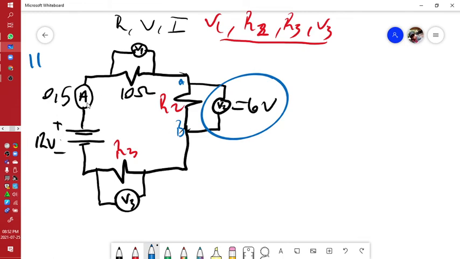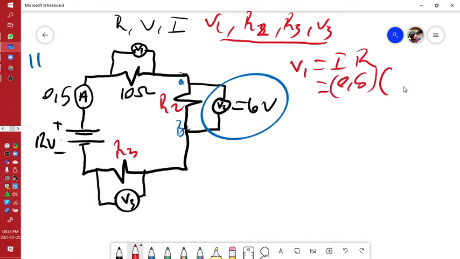Now, when we want to get voltage, we know V1 is equal to I times R. Any voltage is equal to I times R. So the current passing through is 0.5 multiplied by 10.